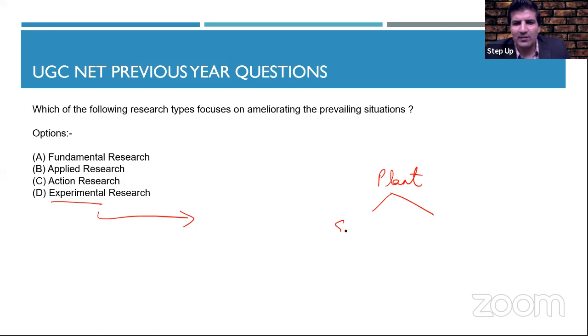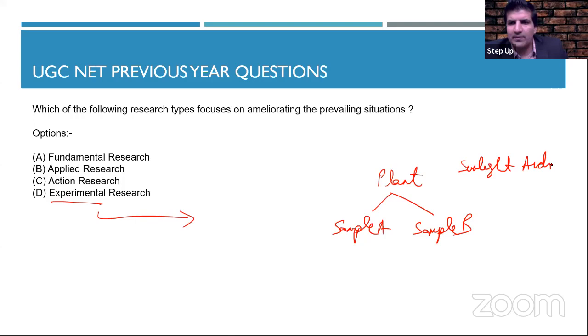I take sample A and sample B of that plant. Let's say I want to figure out whether sunlight aids growth of the plant, right? So my hypothesis is sunlight aids my plant growth. Okay, this is my hypothesis.